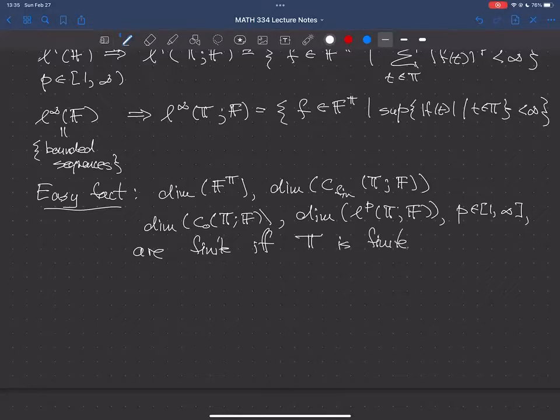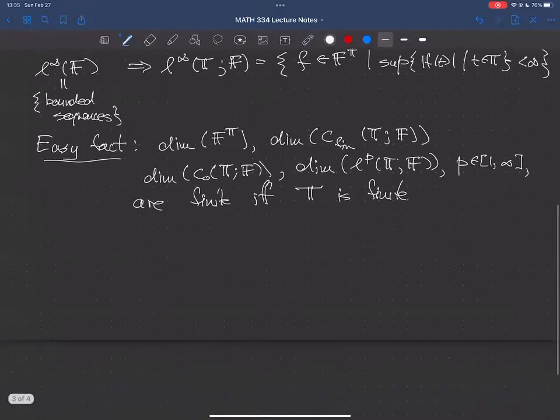Remember, a discrete time domain being finite means bounded above and below, and for discrete time domains, that means it's finite as a set.